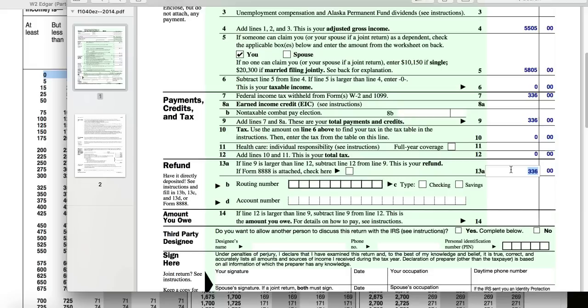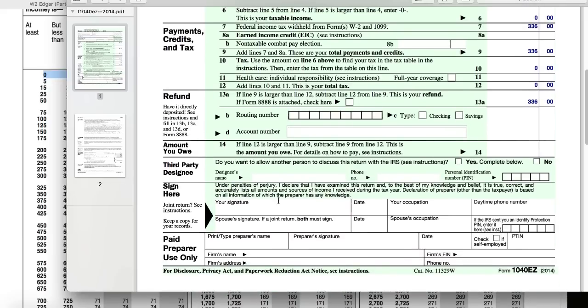Before we continue, I just want to do one other quick thing. On this refund section here, if you were getting the money back, it does allow for direct deposit. Essentially what you're putting here is the routing number, whether it's going into a checking or savings, and then the account number to deposit that into your account. Down here at the bottom, you are signing your information.